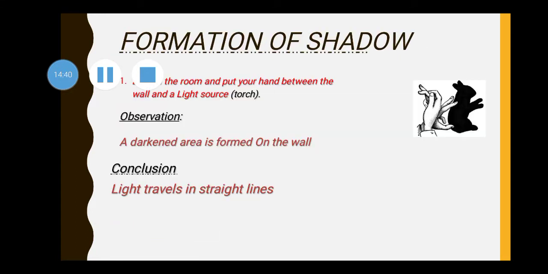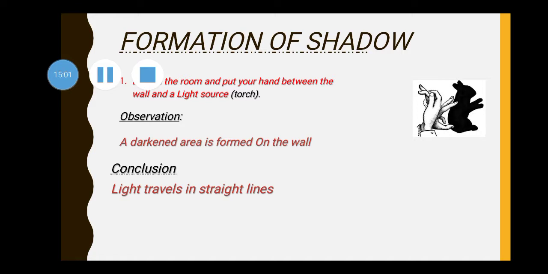And we said that as a result of the traveling of light in a straight line, we have two phenomena. The first one is the formation of the image through narrow holes, and the second one is the formation of a shadow. Okay, formation of a shadow happens. Why?